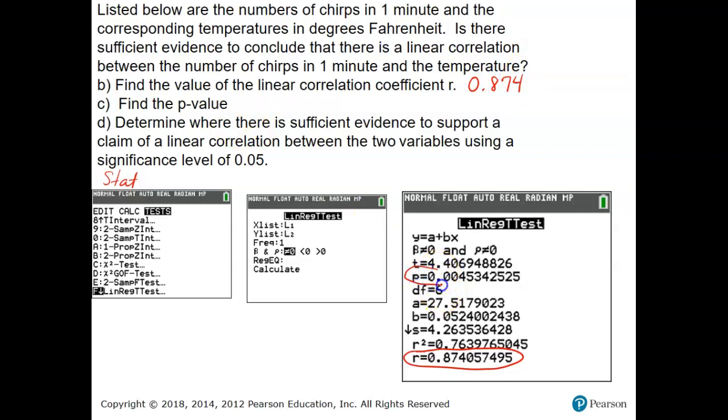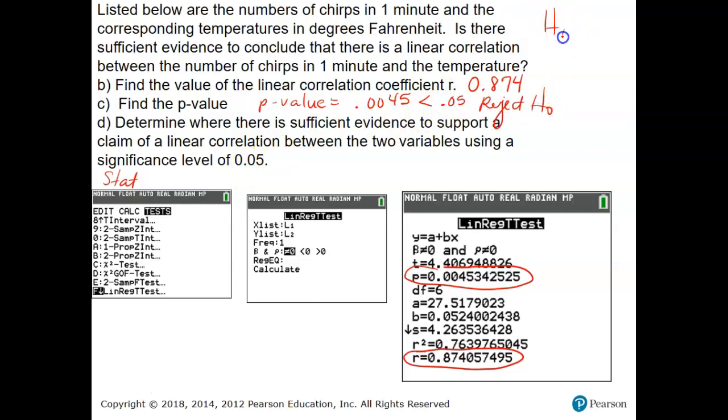Okay, find the p-value. The p-value is up here at the top. So my p-value is 0.0045. If we want to determine whether there is sufficient evidence to support a claim of linear correlation, this would be less than our 0.05, which is our significance level. So we're going to reject the null hypothesis.